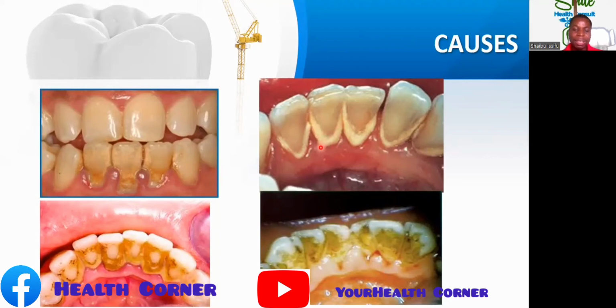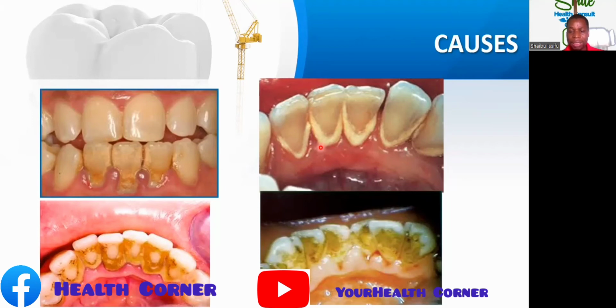Now, these structures are inimical. Once they come, they begin to produce chemicals because they are full of microorganisms. Those chemicals destroy the gum and then the bone. The bone and the gum will all be running away, leaving the tooth standing. They release a lot of chemicals. The prostaglandins will chop off the bone.